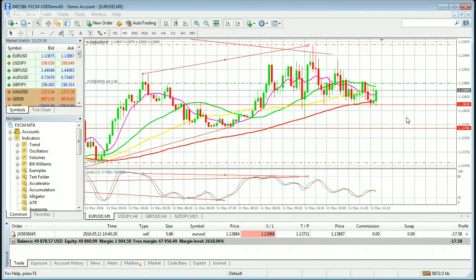Still being pushed upwards again. So there's definitely a kind of a fight between the bulls and the bears at this point in time. Let's see who's going to win that battle.